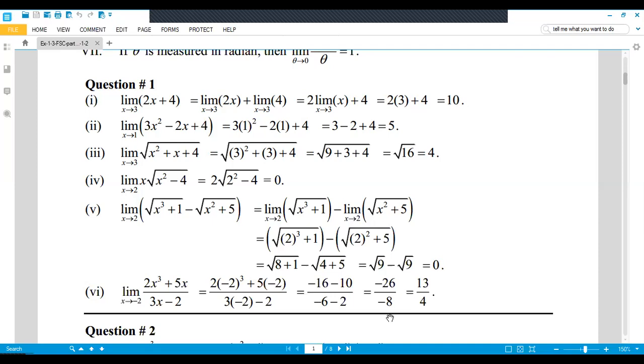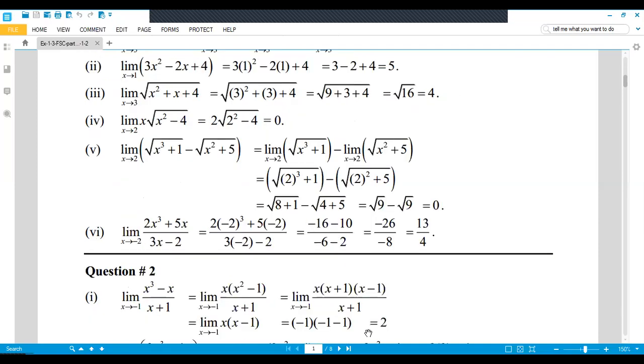Both are divisible by 2. Negative sign cancels with negative sign. 2 13s are 26 and 2 4s are 8. So 13 over 4.